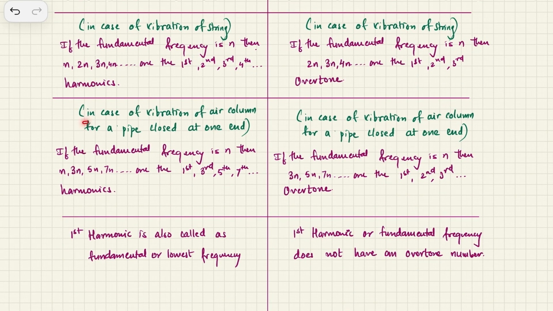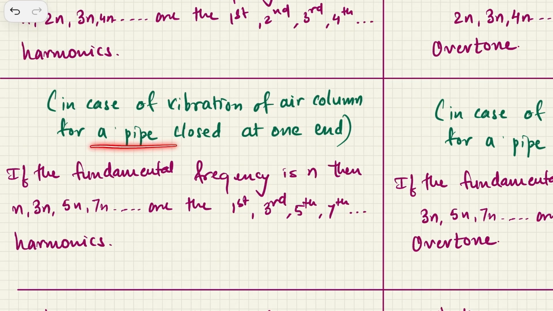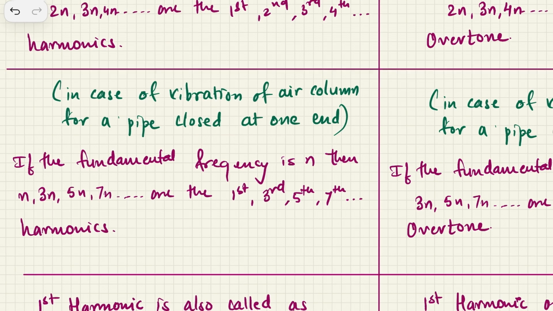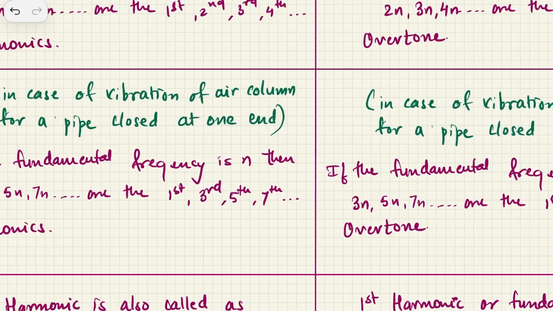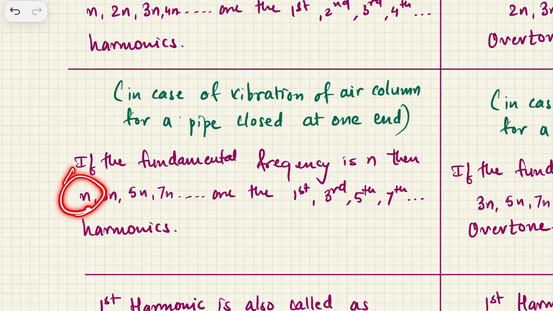Now if the pipe is closed at one end and it's an air column, the frequencies you get are n, 3n, 5n, 7n. So this is your first harmonic, third harmonic, fifth and seventh harmonic. But when it comes to overtones, the fundamental frequency does not get an overtone number. This is the first harmonic, then first overtone, second overtone, third overtone, and so on.